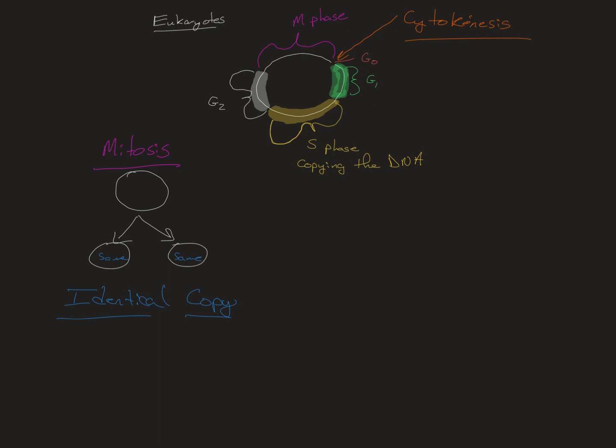So we only have 1 copy of everything on the X chromosome. And females don't have a Y, so they don't have any of the genes on the Y chromosome, correct? So those are the 2 exceptions. But for every other chromosome, the rest of the 22 chromosomes, you have 2 copies of every gene.